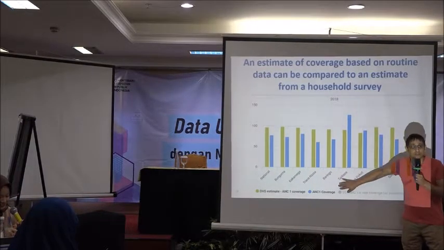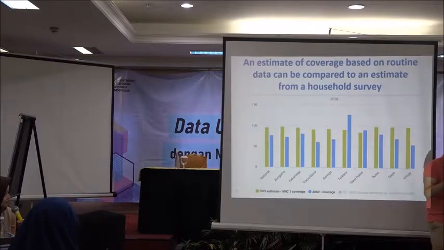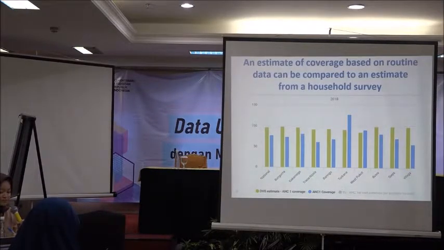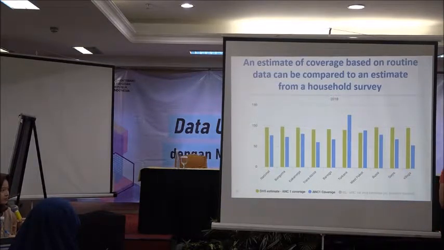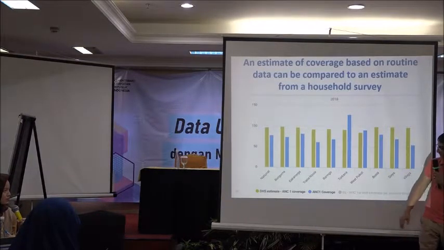External consistency is when we take the data that we routinely collect and compare it with data from another source. So for example, a survey, right? So you collect monthly data or quarterly data depending on your program, and then you would compare this.